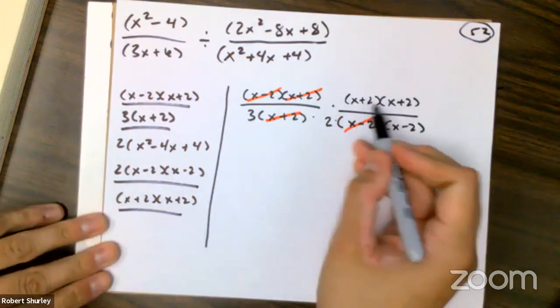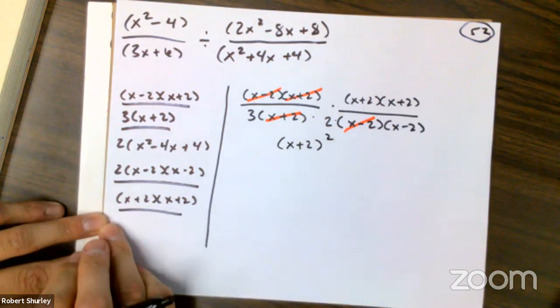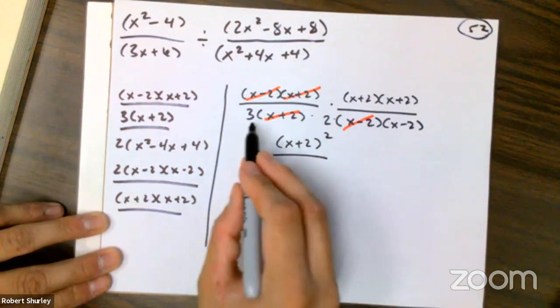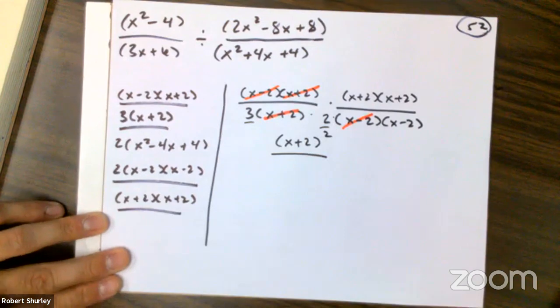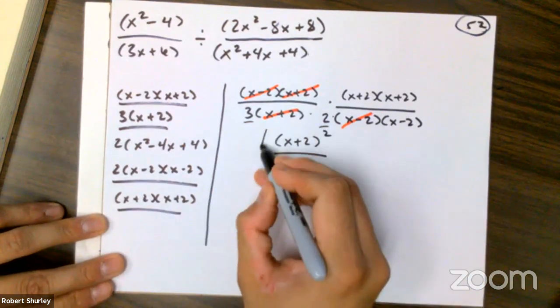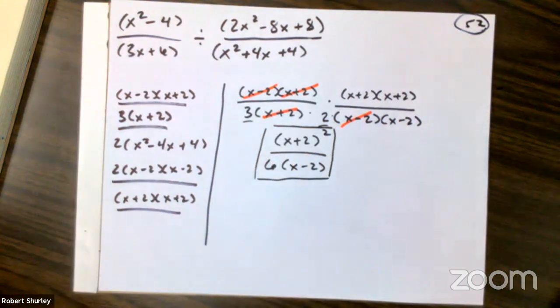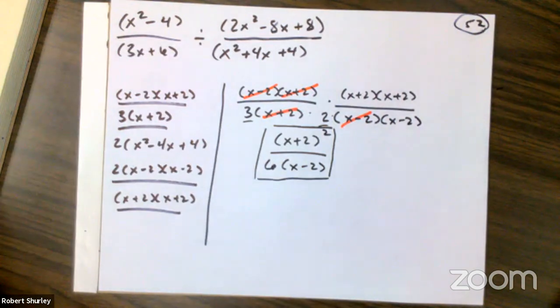So on the top, again, we're left with x plus 2 times x plus 2. So I'm going to write it as x plus 2 squared just because it's a little cleaner. And we got a 3 and a 2 we need to multiply together. So that's 6 times x minus 2. And that's our simplified fraction, okay? Any questions?